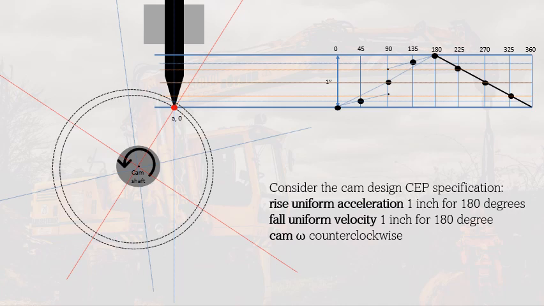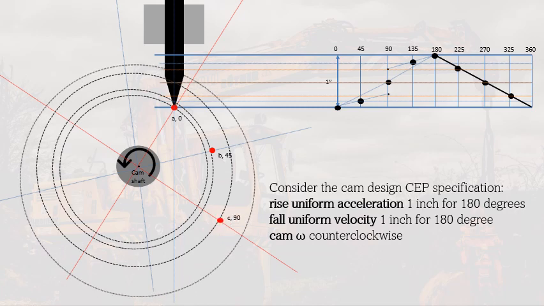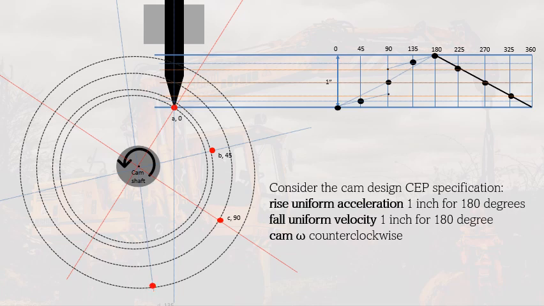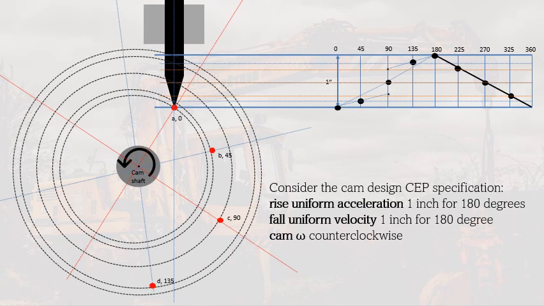And then we would locate the intersection of that with the 45 degrees here. And then we have for 90 degrees, and then we have for 135 degrees, and finally for 180 degrees. So we're able to draw the trace points, locate the trace points for the uniform acceleration.